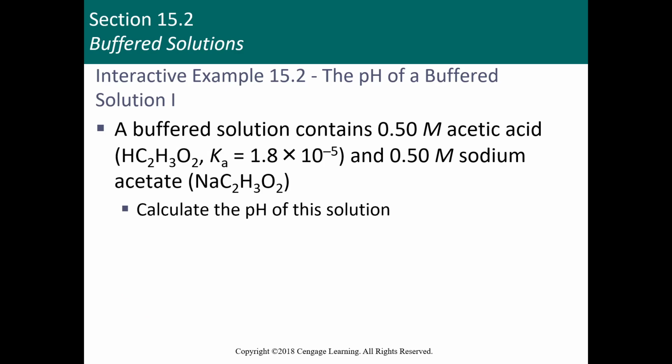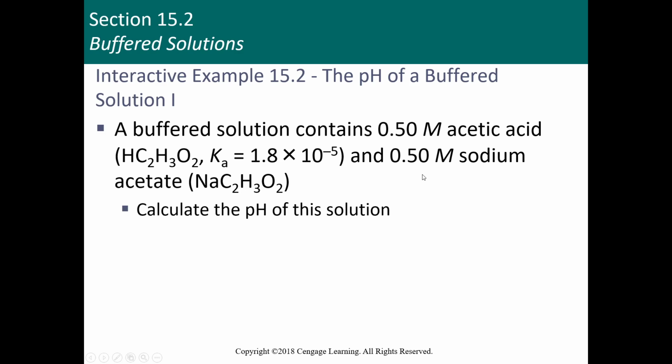So let's try this first and see a buffer solution and talk about how this works a little bit. So a buffered solution containing 0.5 molarity of acetic acid, which is right there. Again, notice I use acetic acid a tremendous amount just because it is very easy to use and it's something that you've all encountered.